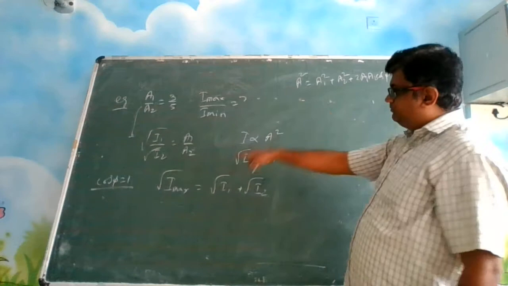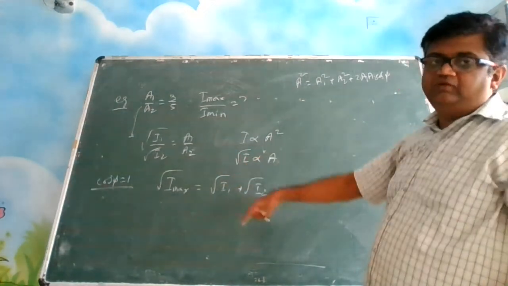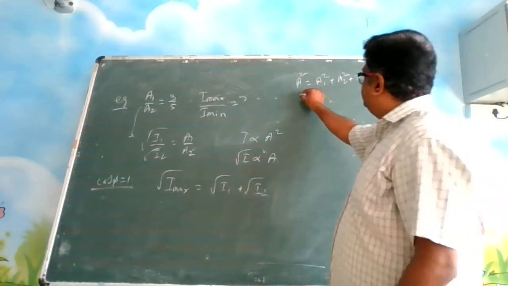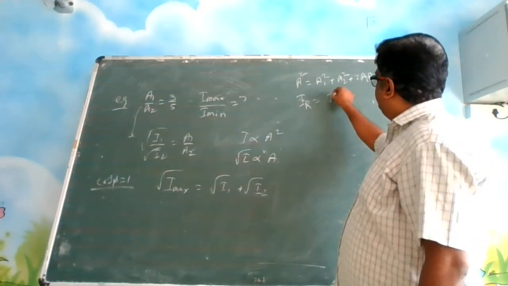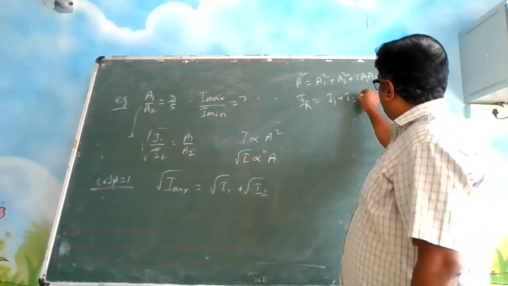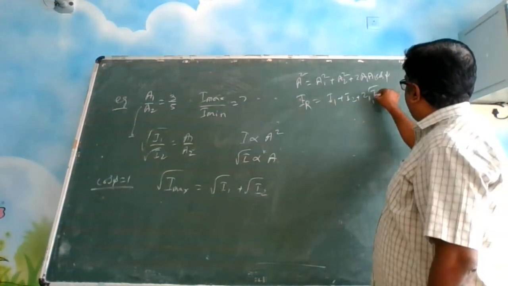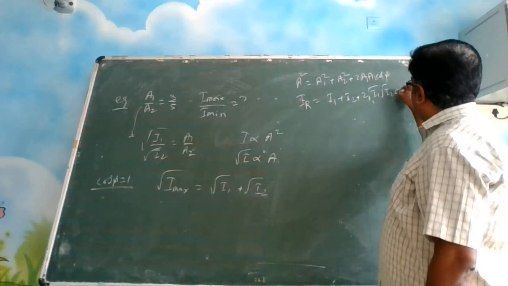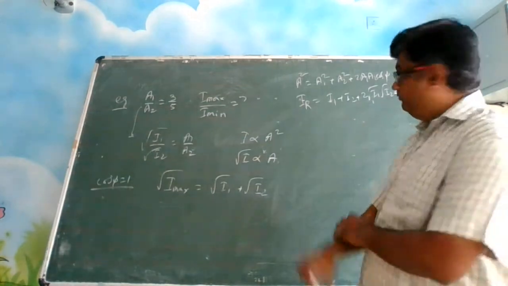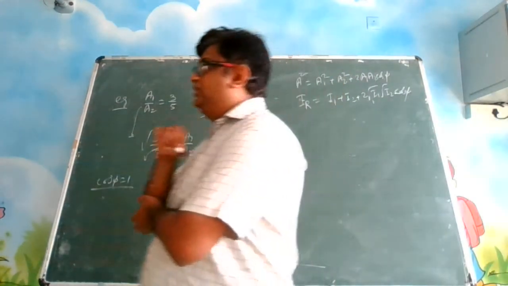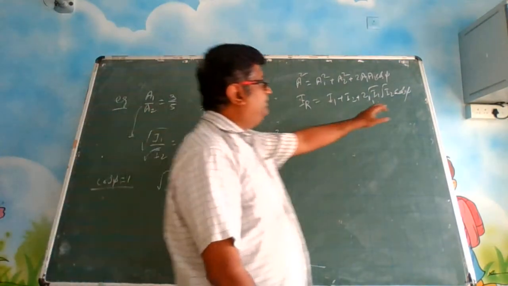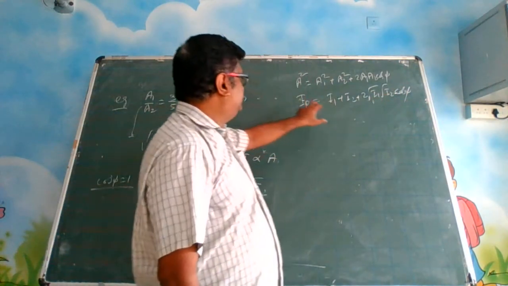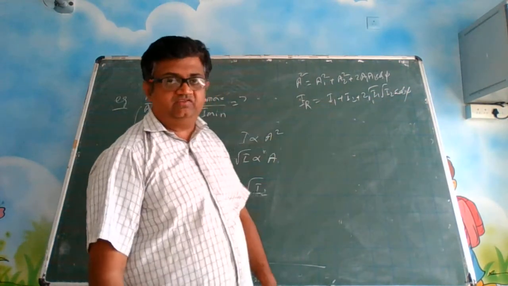Now A square is proportional to I, the final I, the resultant I. Let us call it as resultant IR. IR is I1 plus I2 plus 2 root over I1 root over I2 cos phi, where phi is the phase difference. Just recollecting what we have studied. Depending upon the cos phi value, this resultant intensity is decided.